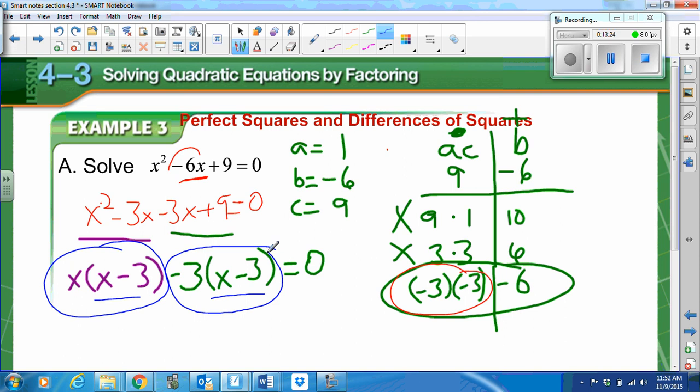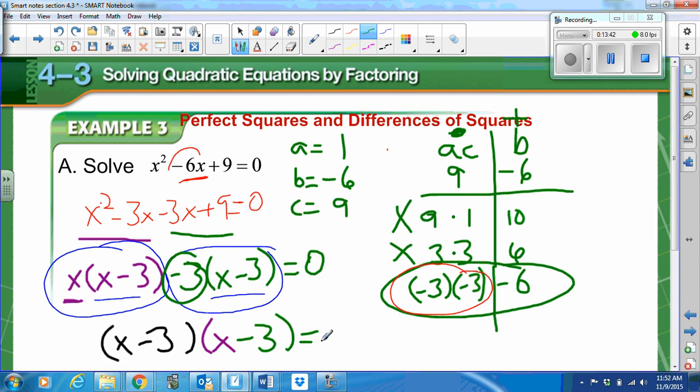And what they have in common is x minus 3. So we're going to pull x minus 3 out of the purple and out of the green. When we pull that out of the purple, we're left with x out here. And when we pull it out of the green, we're left with minus 3 right here. So it becomes x minus 3 times x minus 3 equals 0.